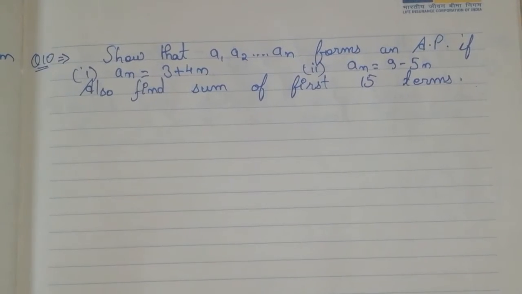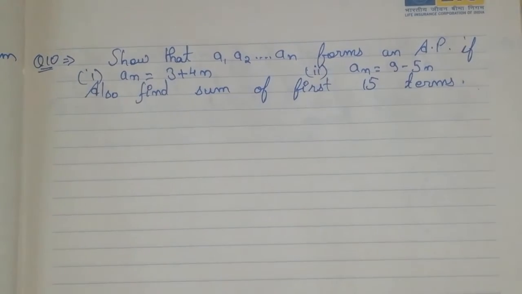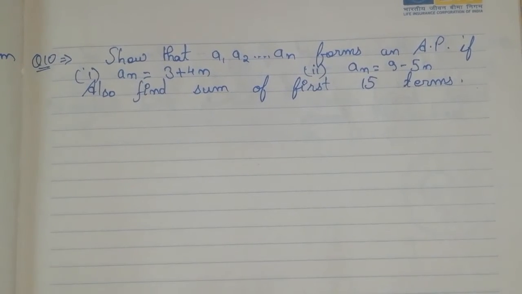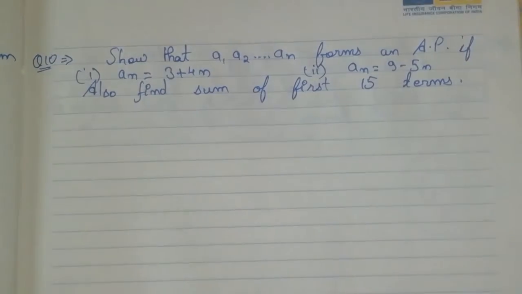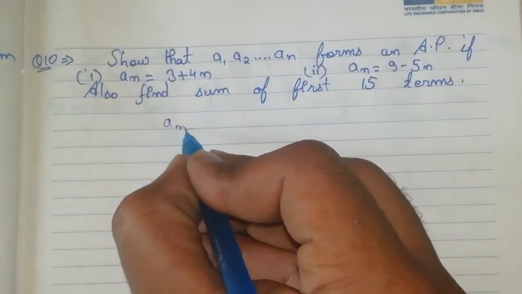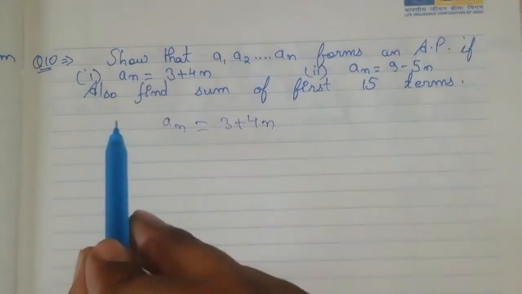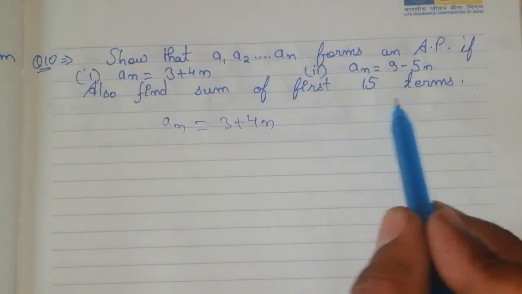So here is another good question of your NCERT, which is question number 10. In this we have to show that a1, a2 up to an forms an AP. It means that every term has a common difference. Look, here the nth term is given. So we have an is equal to 3 plus 4n. Or we have to find the sum of the first 15 terms.